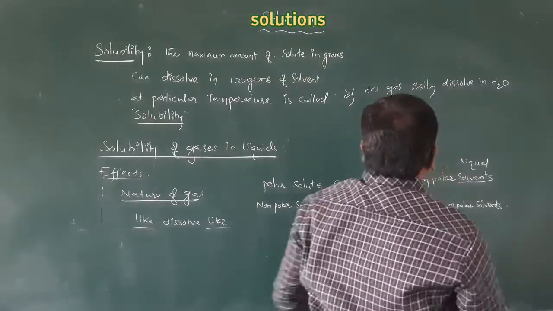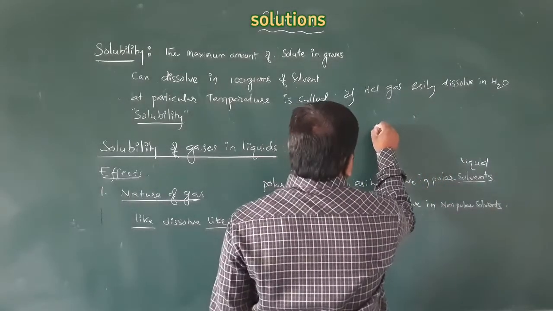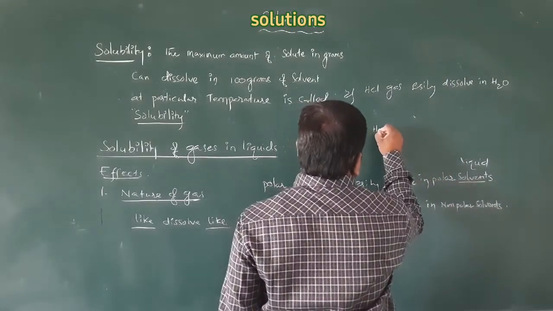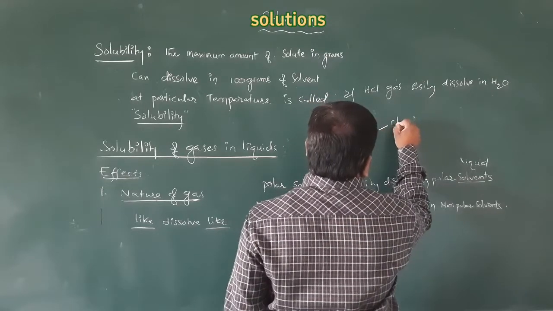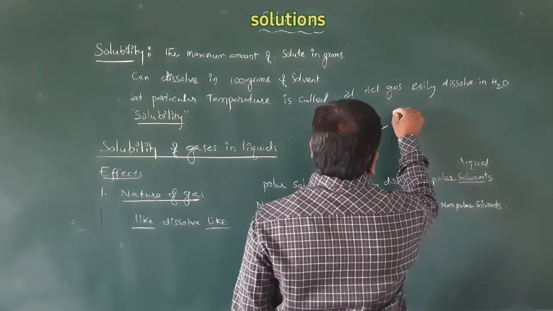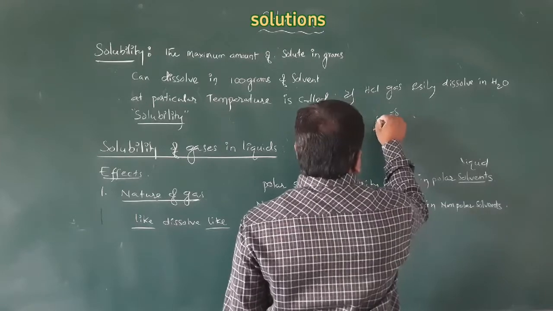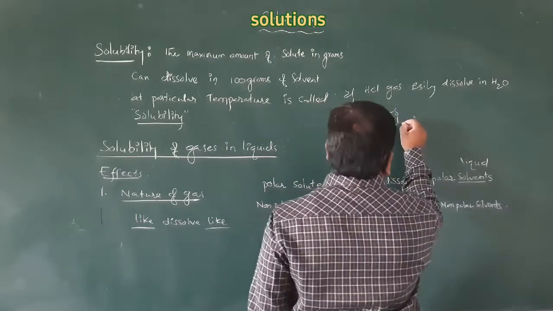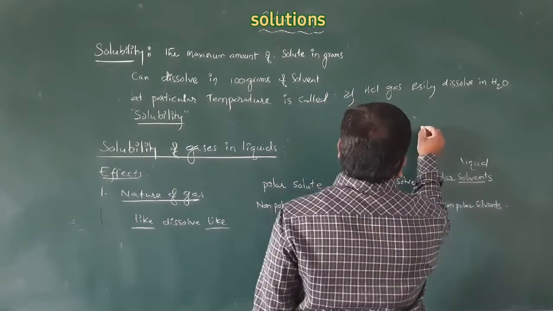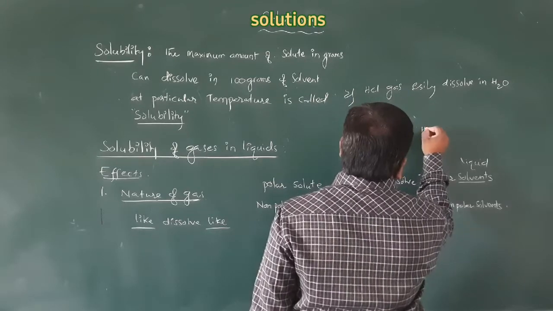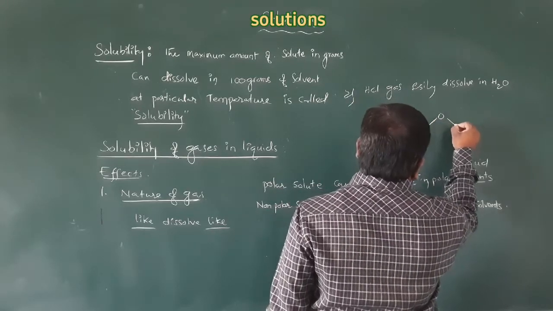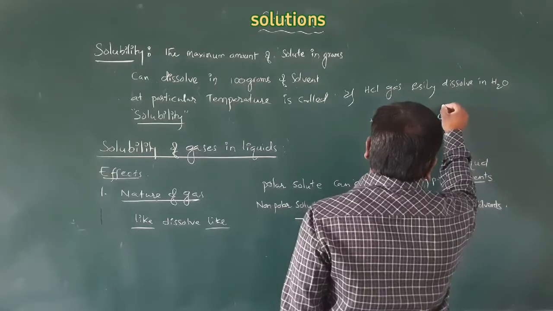So how is it possible? For example, HCl. Here two poles will be generated. Here hydrogen, oxygen, again hydrogen.